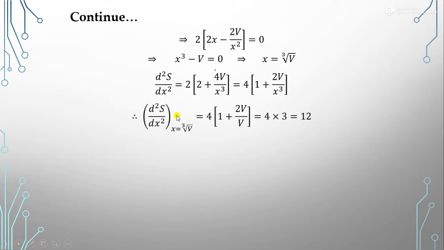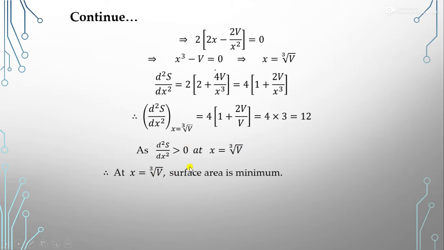Now we have to find the value of d square S upon dx square at this point. When you put x equal to cube root of V, you have 4 plus 2V upon x cube, and x cube is V, so it is 12, and it is positive. So when the second derivative is positive at this point, we can say that at x equal to cube root of V, our surface area is minimum.